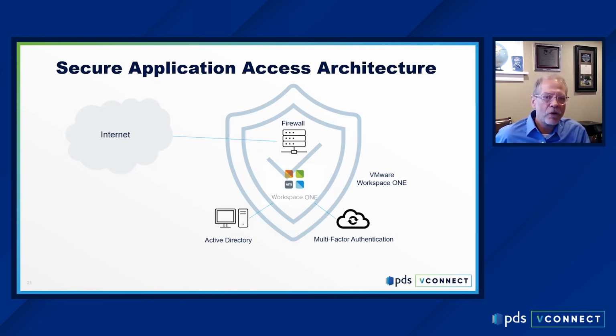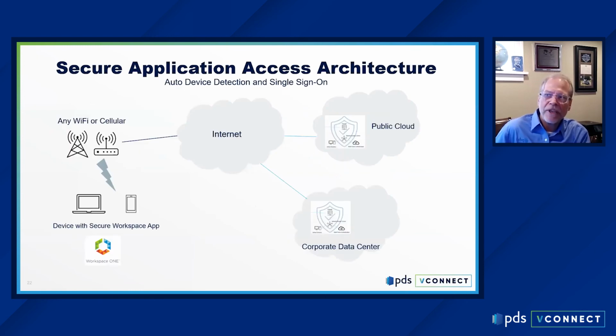VMware, normally known for virtualizing server workloads, really does a lot more than that. VMware Workspace ONE is an application access architecture that provides a very interesting approach. The idea is it's really through a portal, a secure application that links you back into your corporate assets.